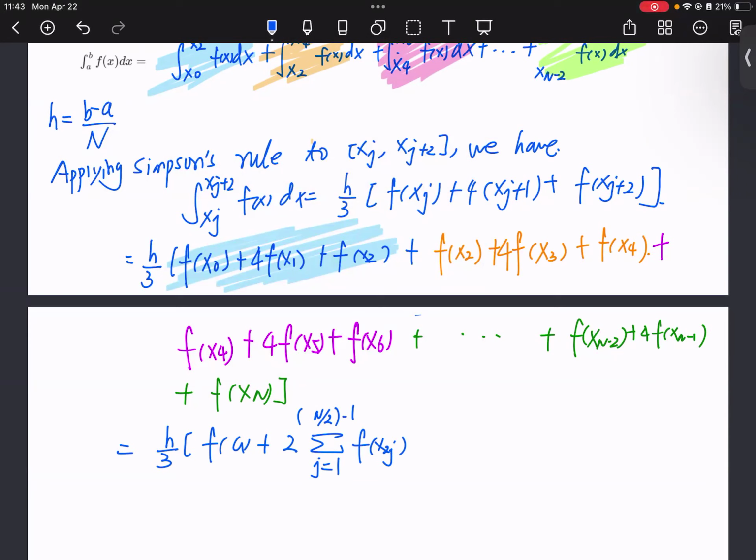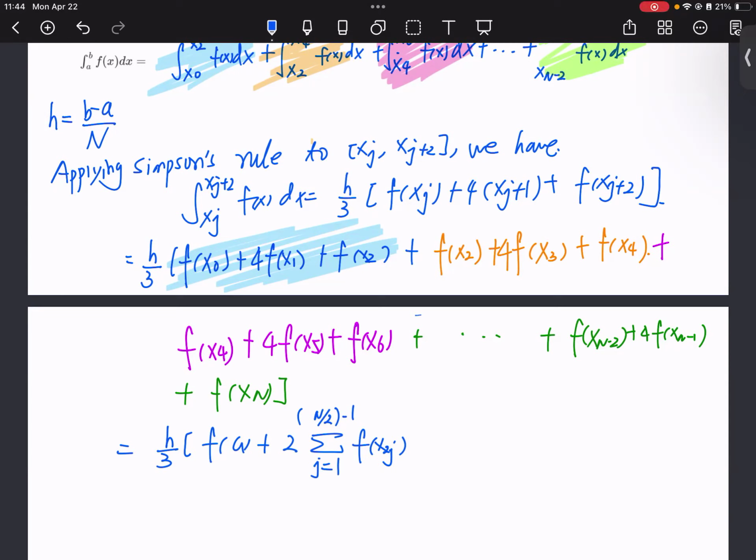And the even index should be from 2 to n minus 2. So here, n minus 2. So if you change the j to this number, it should be 2 times this number in the subscript. So that is corresponding to the n minus 2 index term.